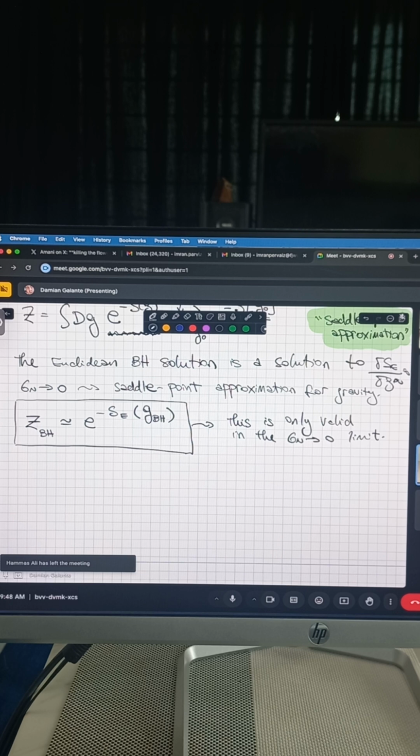We are taking the semi-classical limit where the gravitational interactions are suppressed, and so we can approximate the whole partition function or path integral by the value of the action at a solution of the Einstein equation. That's the logic of what I'm trying to do here.